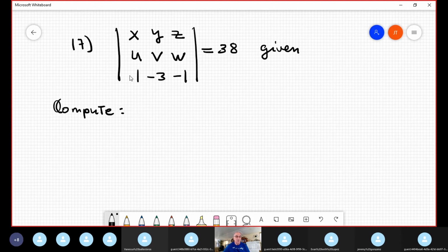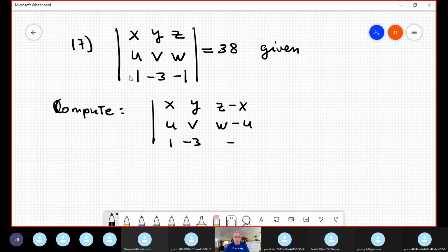Compute this: x, y, z minus x; u, v, w minus u; and 1, minus 3 and minus 2.